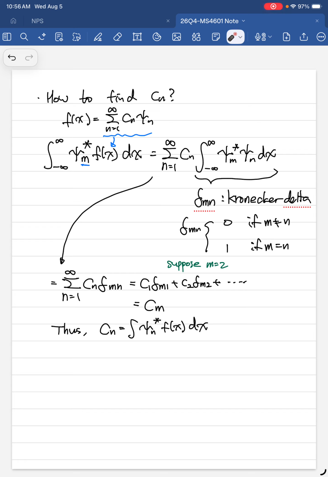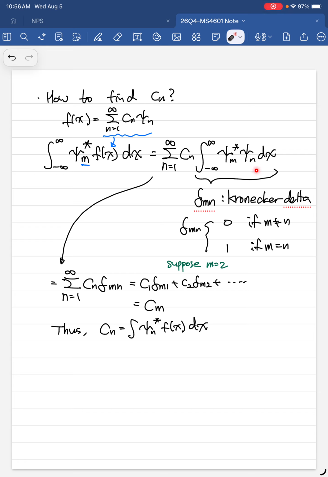Let us now consider integration from negative infinity to infinity, and we multiply by this psi m star. Okay, this is the complex conjugate of the wave function, and this f of x is just any arbitrary function satisfying the boundary conditions. Okay, so with that, we plug this f of x in here, and then we can simply describe it as the summation from n equals 1 to infinity of Cn times the integral from negative infinity to infinity of psi m star and psi n dx.